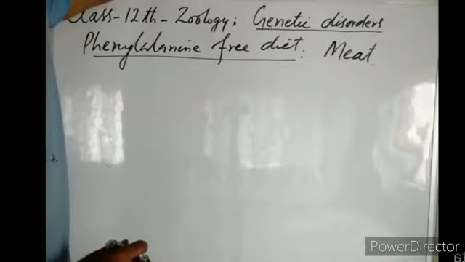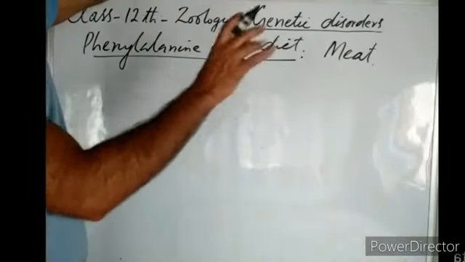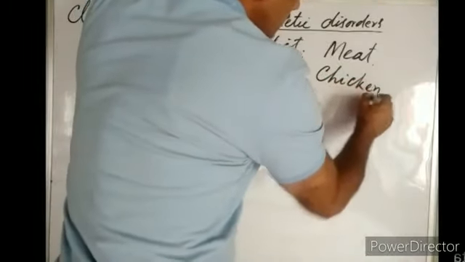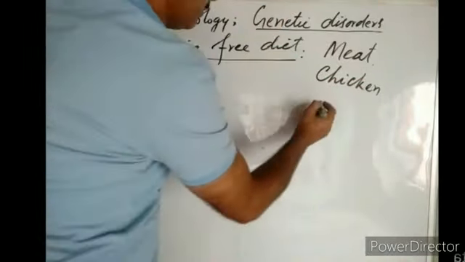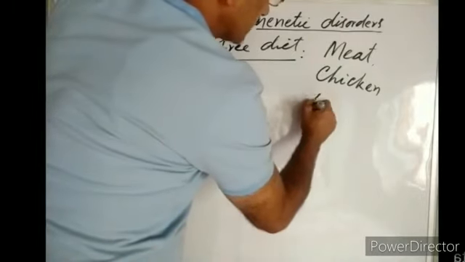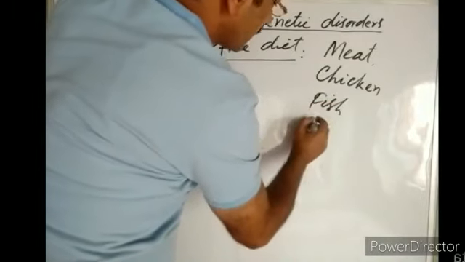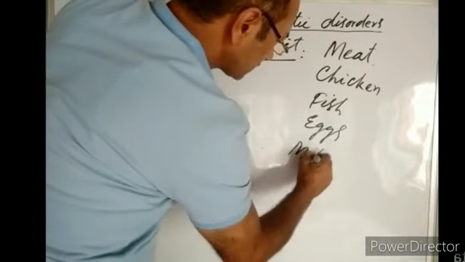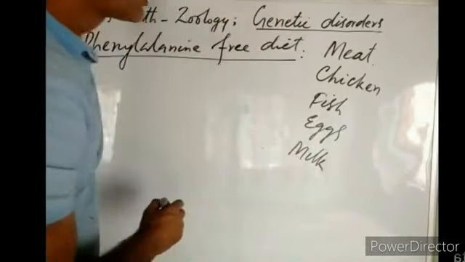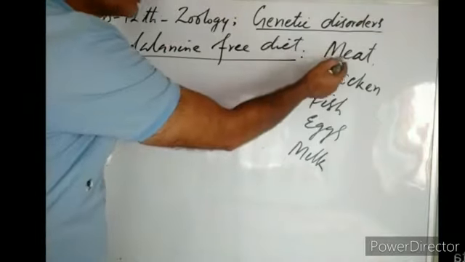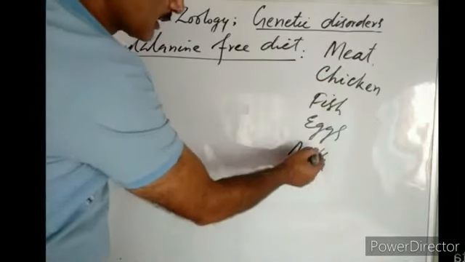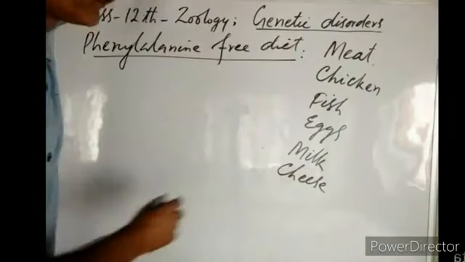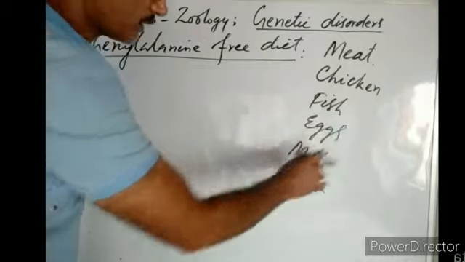If a person avoids eating meat, chicken, fish, eggs, milk, cheese, all these foods contain phenylalanine amino acid. So these foods are to be avoided.